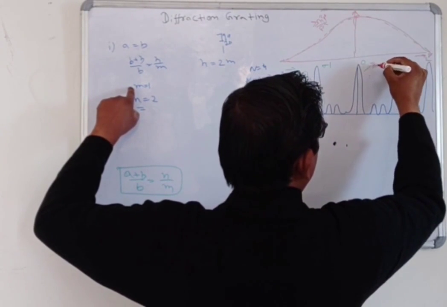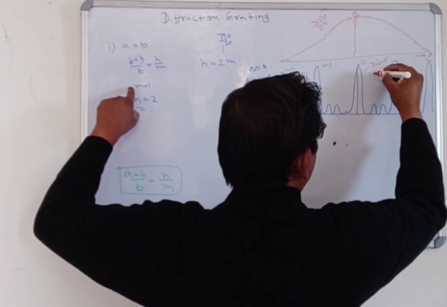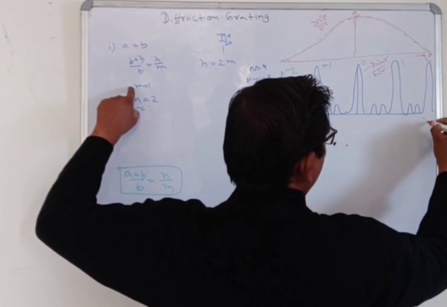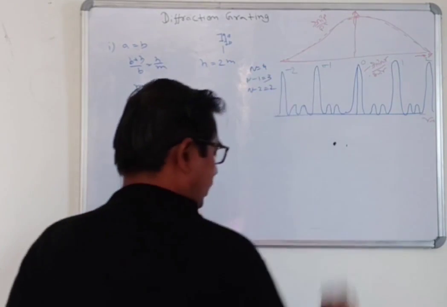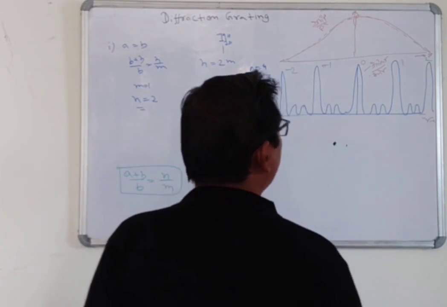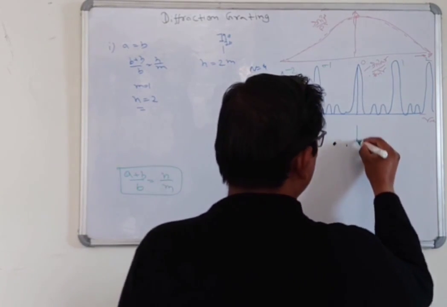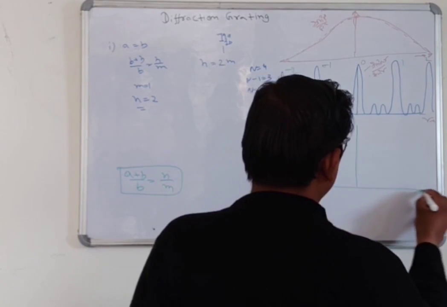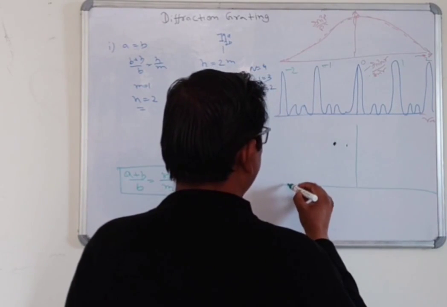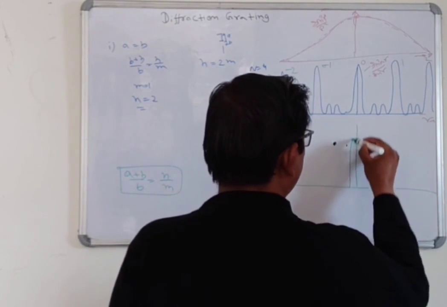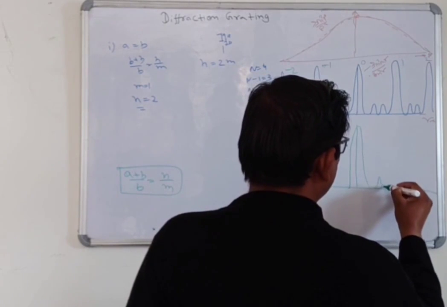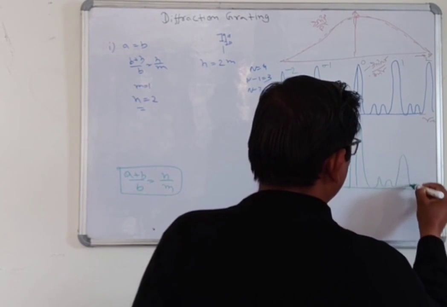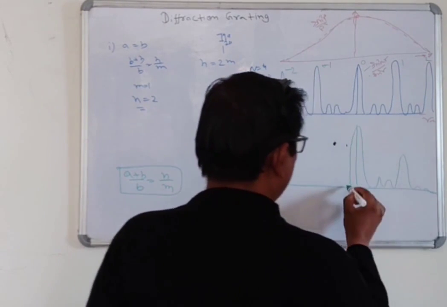This one is sine square N gamma divided by sine square gamma with respect to gamma. Here you will see that finally the spectrum lines come like that.